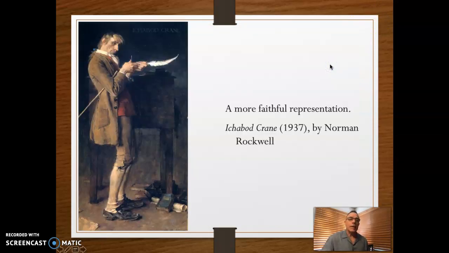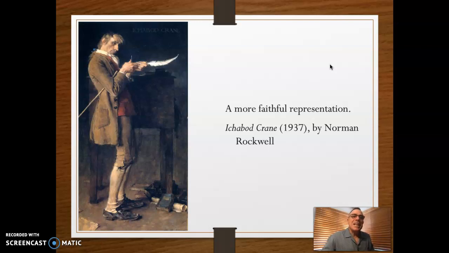But even in what might be considered high American art, we do see representations as well. This is Ichabod Crane, as painted by Norman Rockwell in 1937, known for his very quaint paintings of Americana for the magazine Saturday Evening Post.